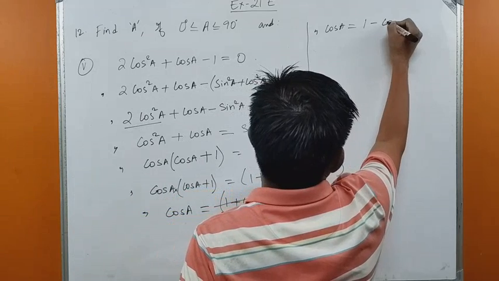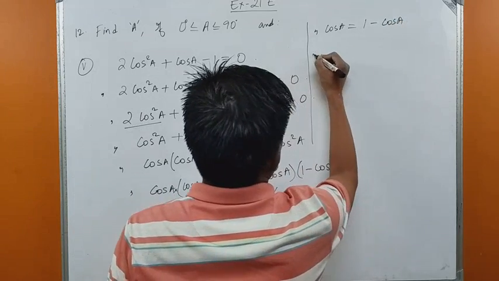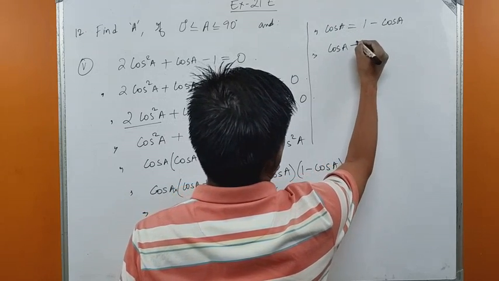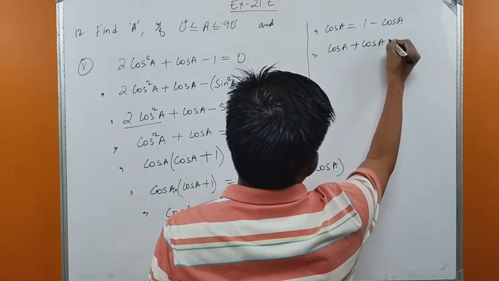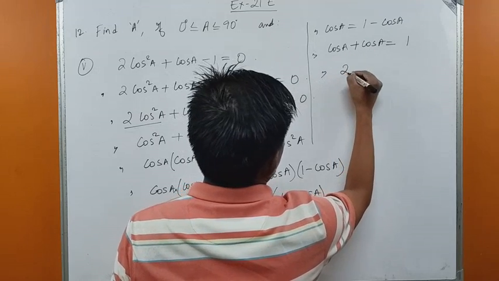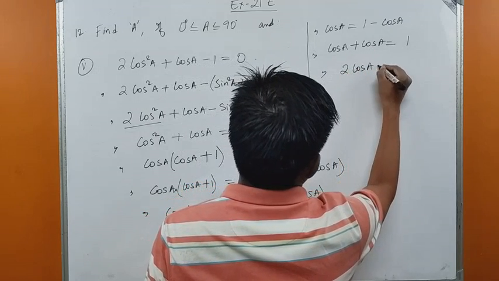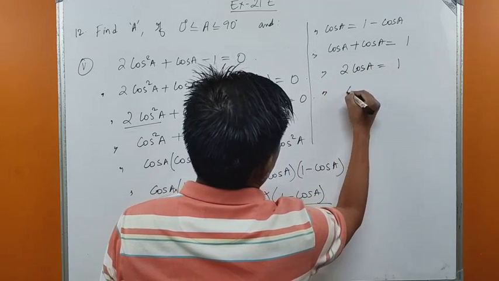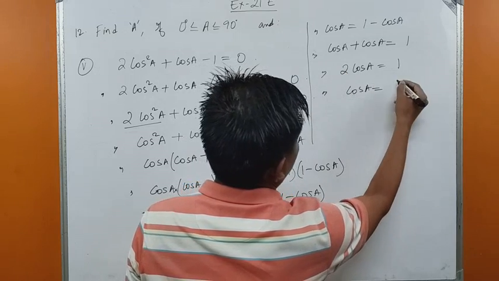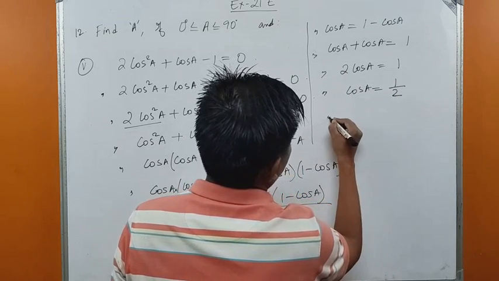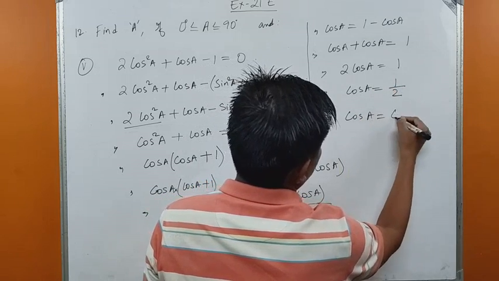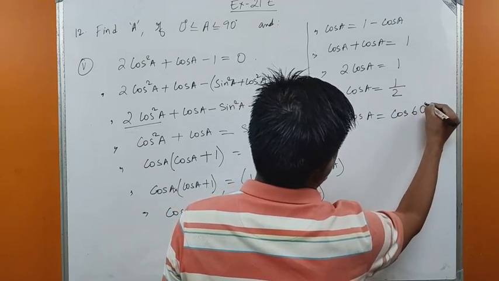Let's bring this minus cos A to the right hand side, plus cos A equals 1, or cos A plus cos A, 2 cos A equals 1. This means cos A equals 1 upon 2, which means cos 60 degree, isn't it?